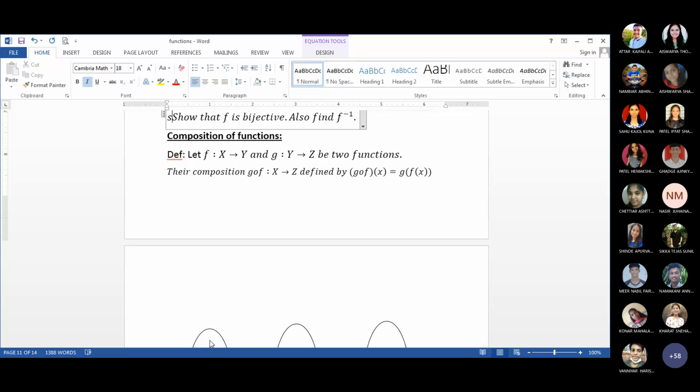G composed with f तभी exist होगा जब f का कोडोमेन is same as g का डोमेन. That is the important condition for the existence of g composed with f.